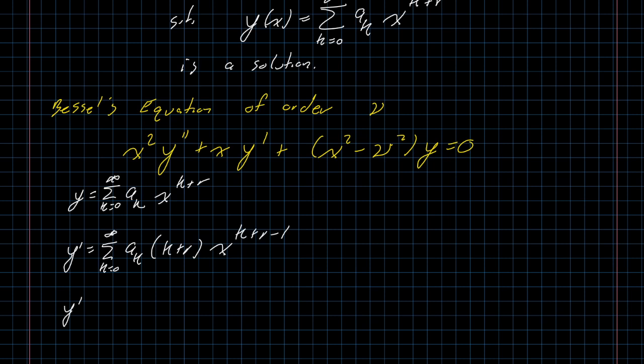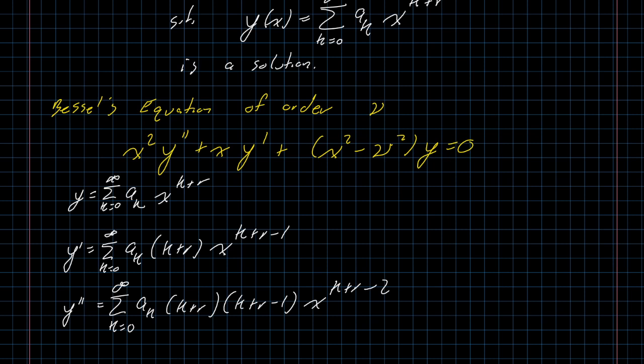And then we're going to have y double prime is the sum k goes from 0 to infinity of ak times k plus r times k plus r minus 1 times x to the k plus r minus 2.